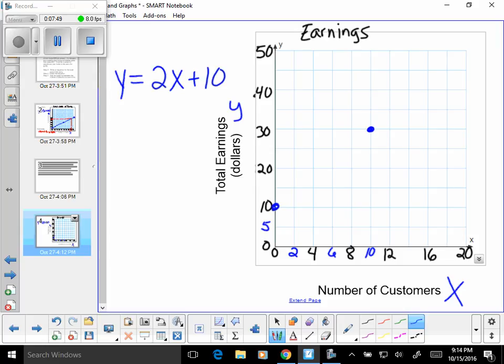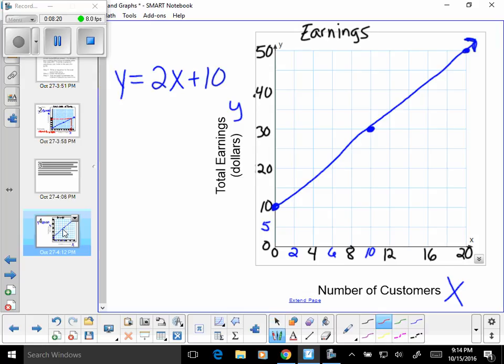Now I do that simply because multiplying by 10 is just something really easy to do. And I also have to have kind of a target number for me to draw because I don't have a ruler. So I'm going to go to 20. 20 times 2 is 40, plus 10 is 50. And that line's not real straight, but it'll still help us out.